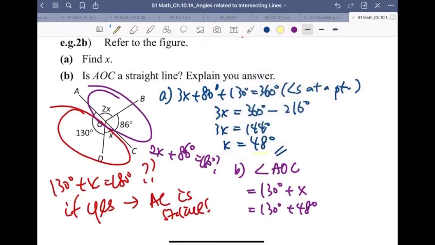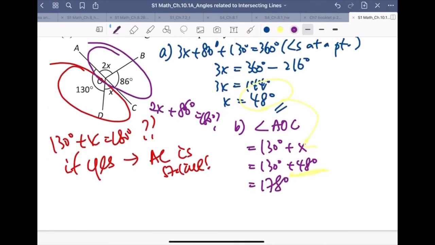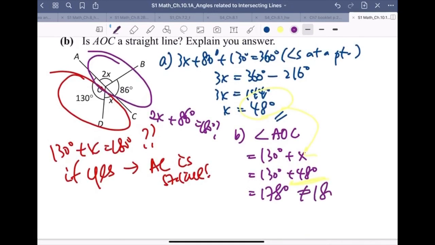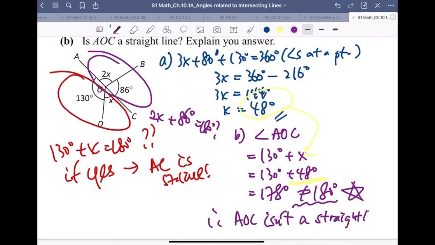So the answer is 178, so of course it is not equal to 180. Bear in mind we need to write it out in order for us to prove. This one is crucial. Therefore, AC is not a straight line. Alright, that's it. So please finish the classwork today.